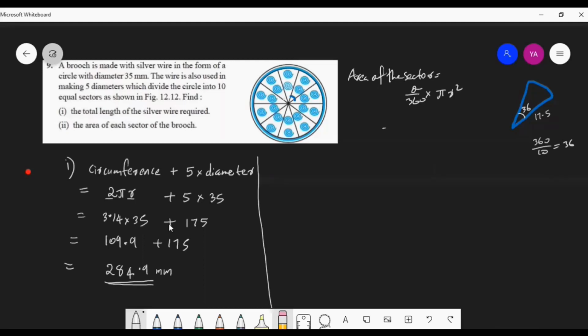Substitute the values: 36 divided by 360 into pi into r square, with r as 17.5 squared. Then you can cancel the 36, and 360 becomes 10. Any other chance to reduce?